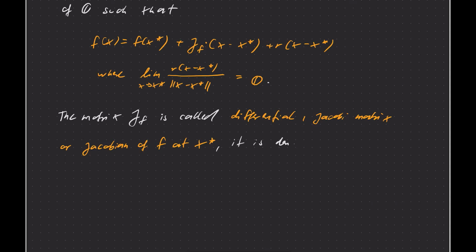It is denoted by, well, either Jf, as we just had it, often Jf at x star if you want to mention the point, or again Df at x star. Sometimes, but less frequently, also f prime at x star.